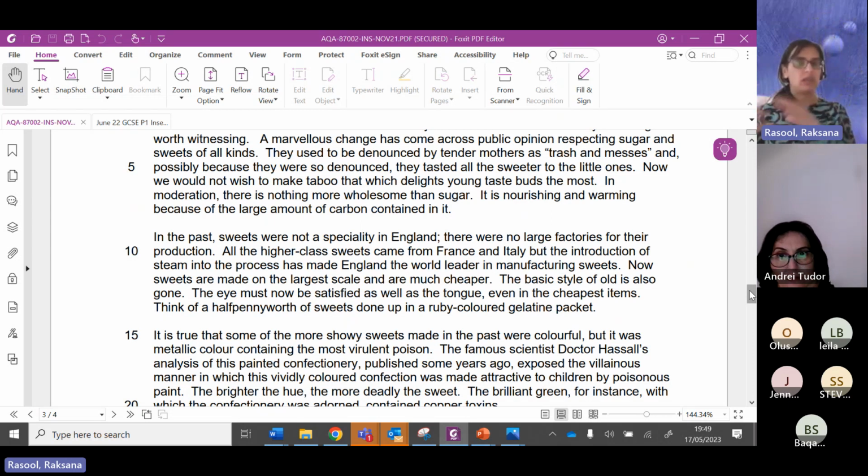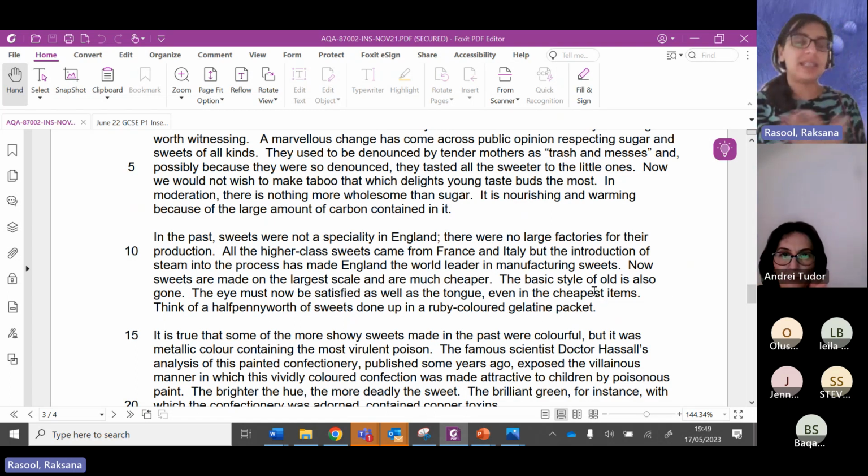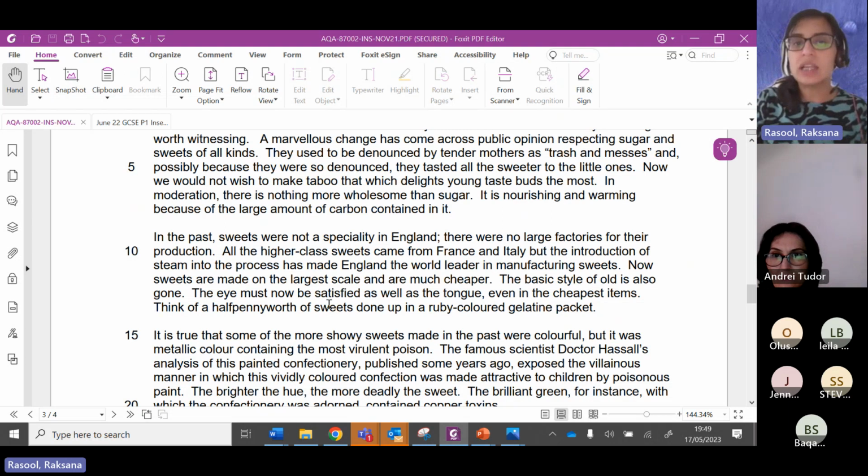So what they used to look like years ago is gone. The eye must now be satisfied as well as the tongue, even in the cheapest items. And that's true, isn't it? So in 1868, they don't look basic anymore. The style has changed because people need to like the look of the sweets as well as the taste. And we've just read an extract where they have these weird blue-shaped isosceles triangles with the tops cut off.